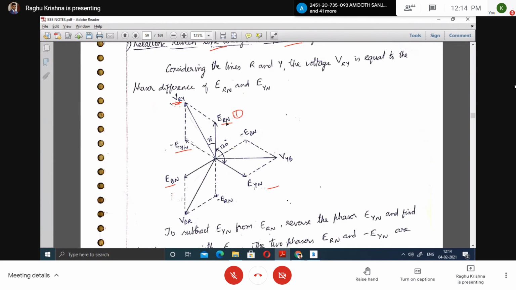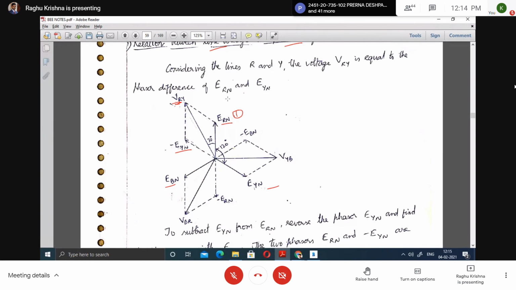After drawing ERN, EYN and EBN, next draw minus EYN and add these two. To add, draw a parallelogram and extend this line. So you are going to get VRY. Similarly, you can draw VYB, VBR. These three you can draw.